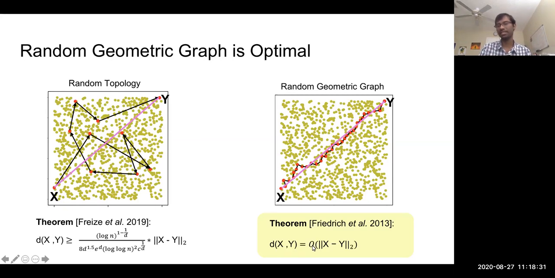So there's only a constant factor gap between the Euclidean distance and the graph distance. One observation here is that in this random geometric graph, the number of hops in this path seems to be a lot. That is because in this model, we have only modeled link latencies. We've not really modeled node latencies. But I'll come back to this point later on.